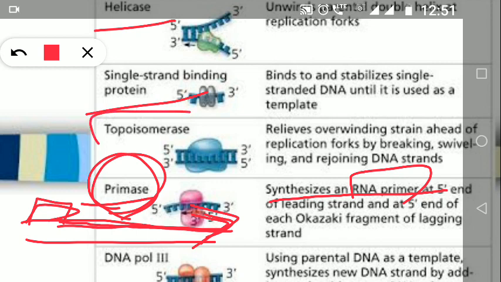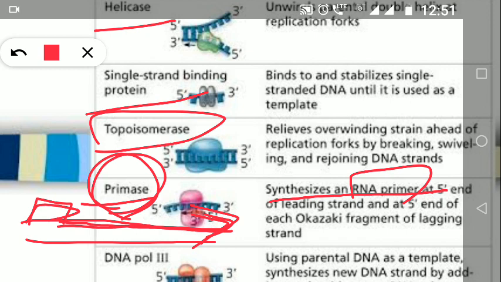Okay, another important protein is topoisomerase. During the replication process, during the unwinding by the helicase, if the helicase unwinds the double helical DNA molecule, then what happens? Because of unwinding, a supercoil will be formed in front and back of the DNA molecules.